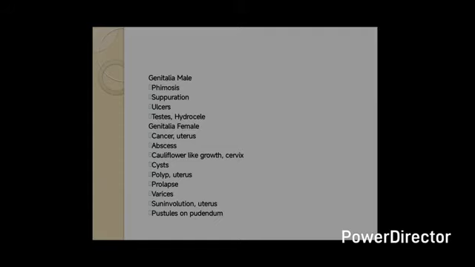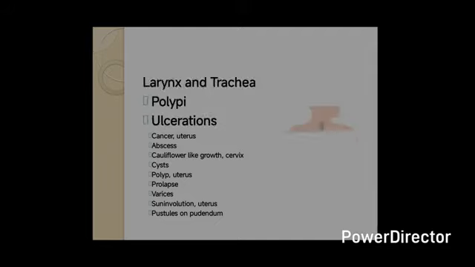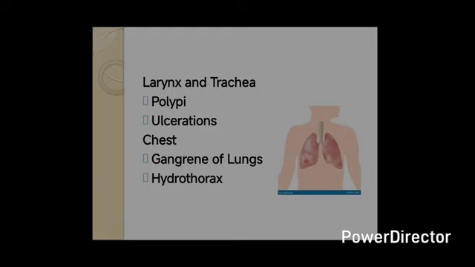Female Genitalia has rubrics like cancer, abscess, cyst, polyp, prolapse, varices, subinvolution of uterus. Chapter Larynx and Trachea: polypi, ulcerations. Chapter Chest: gangrene of lungs and hydrothorax.